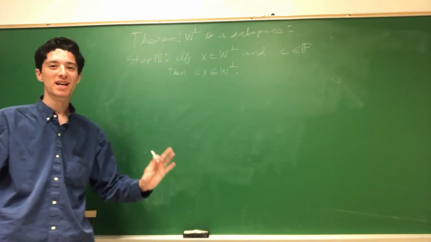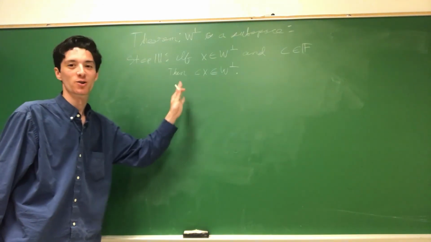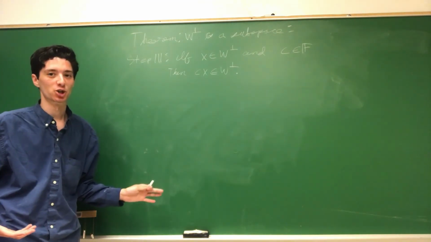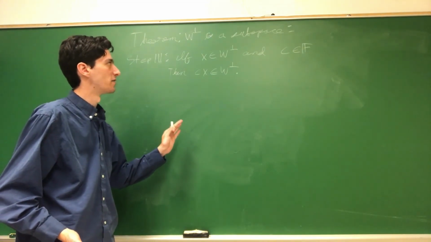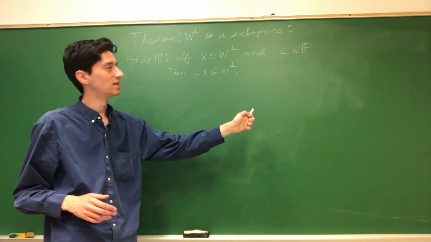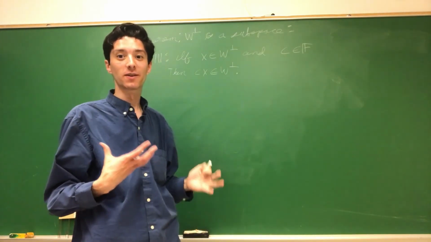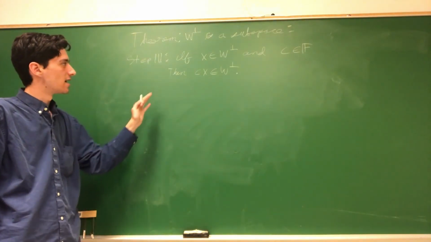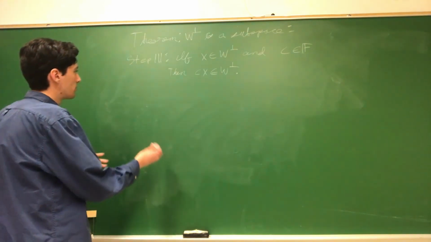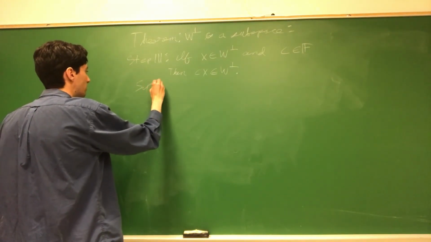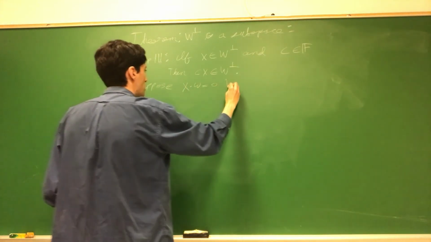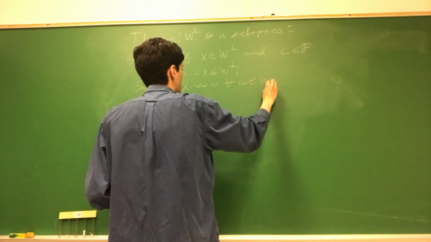Finally, we want to show that our orthogonal complement is closed under scalar multiplication. So this means that if we have a vector x in our orthogonal complement, and we have some scalar c, where I'm using this F here to denote that it's an element of a field, then c times x is in the orthogonal complement as well. So we suppose that x dot w is equal to 0 for all w in the original vector space.